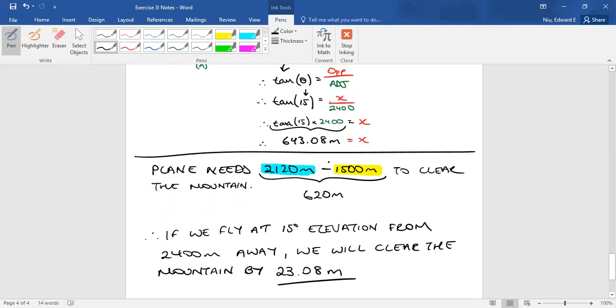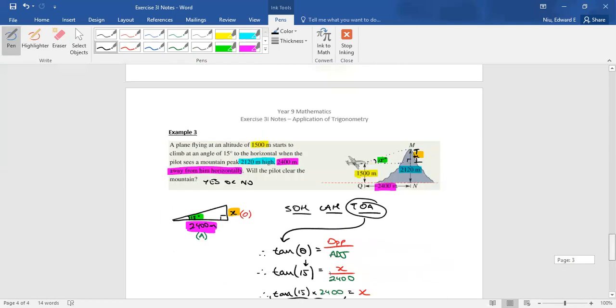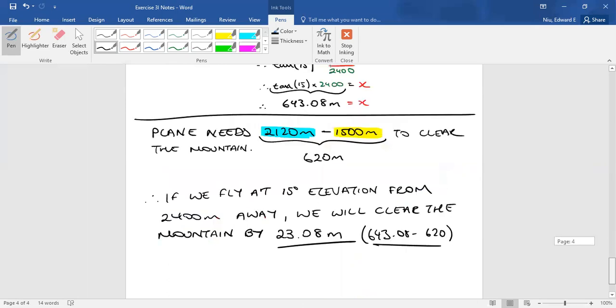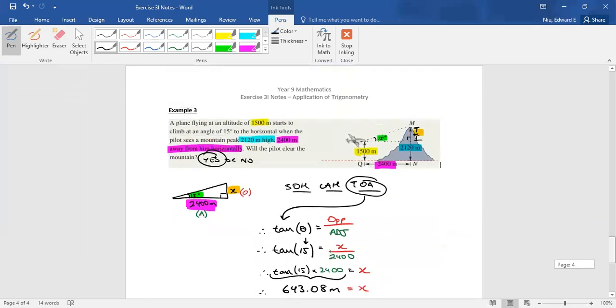How do we get this 23.08? That's 643.08 take away 620. So long story short, will the pilot clear the mountain? Yes, by 23 meters and 8 centimeters.